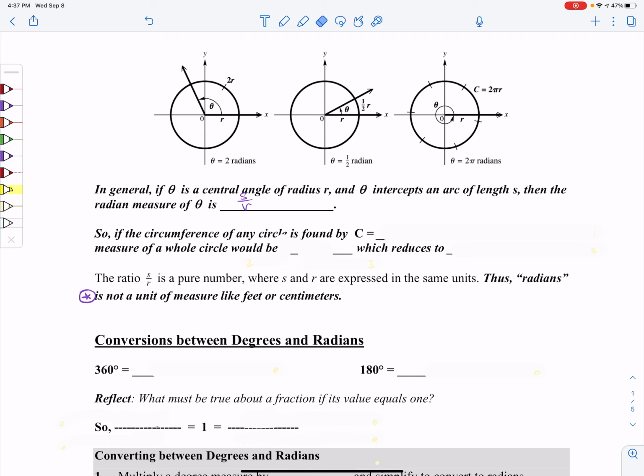Let's keep reading. Now revisit high school geometry. What was the circumference of a circle? The formula for the circumference of a circle is 2 pi r.